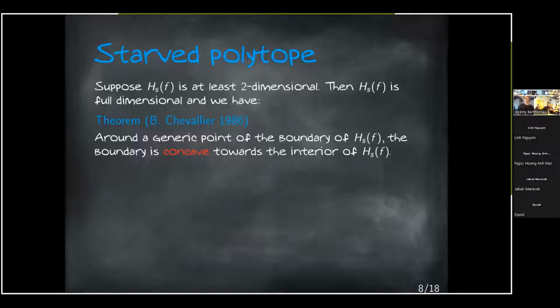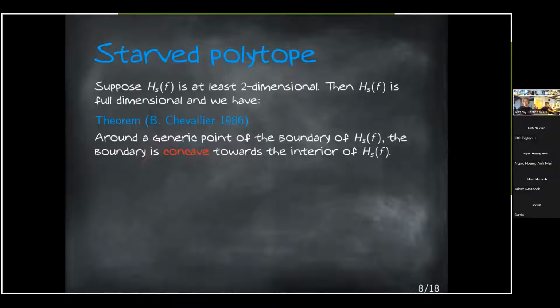So a note on the star part: let's start off with a set which is at least 2-dimensional. Then we have a full dimensional, so d minus s dimensional set. And Chevalier showed that at the generic point, the boundary is concave towards the interior. So, like in the example we saw. Generic in this case just means a polynomial with one double root and the rest simple roots.